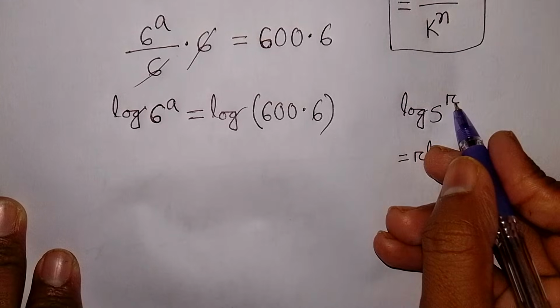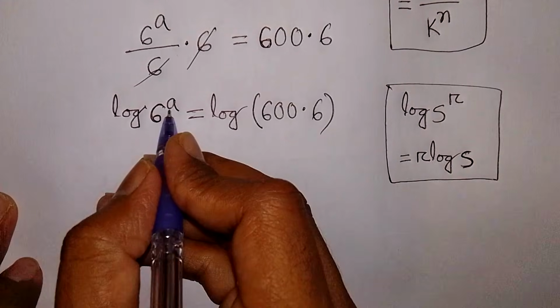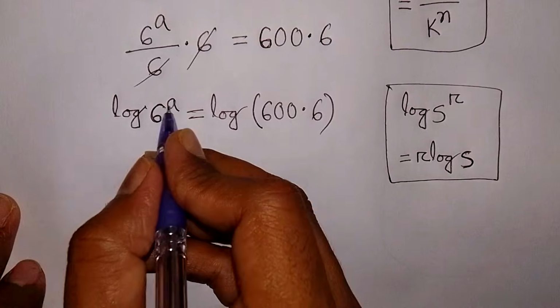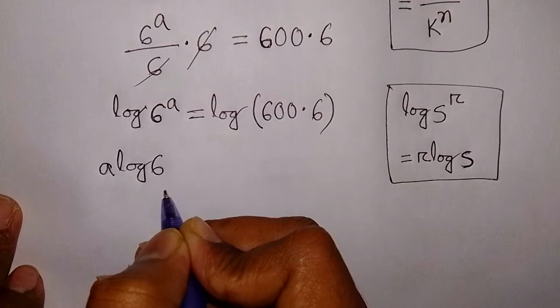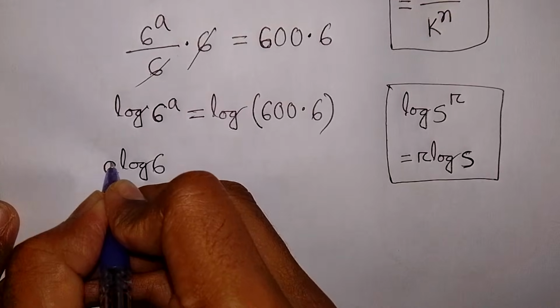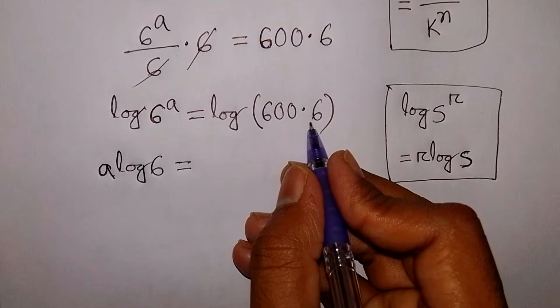This power r moves to the front. This power a will move to the front. So it will be a log 6 is equal to log of 600 times 6.